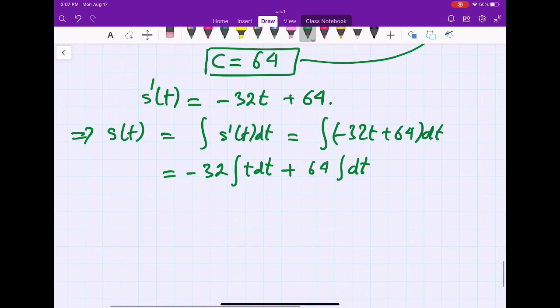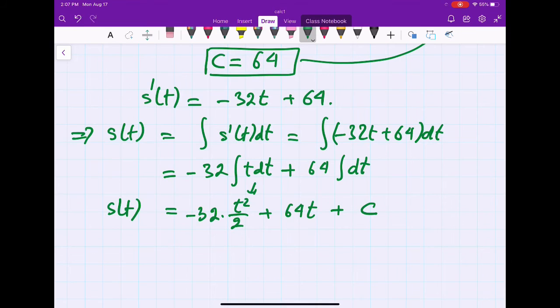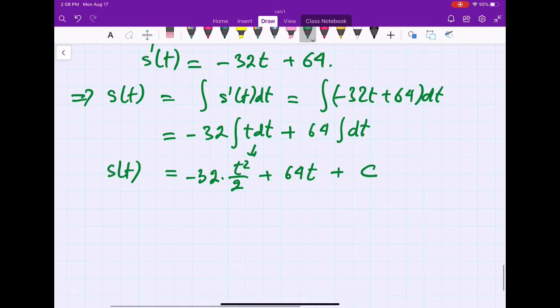The antiderivative of t is t squared over 2, times negative 32, plus 64t, and then plus a constant in here. So you have s of t equal to this. You might simplify. Let's try negative 16t squared plus 64t plus c.